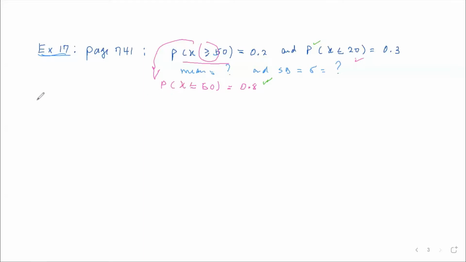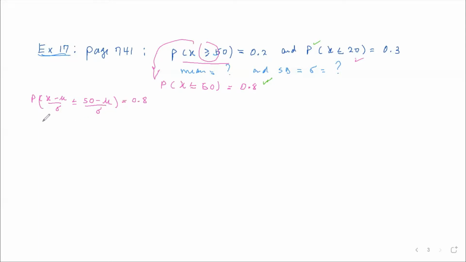So P of (x minus mu) over sd less than 50 minus mu, where mu is unknown, over sd, also unknown, and this equals 0.8.